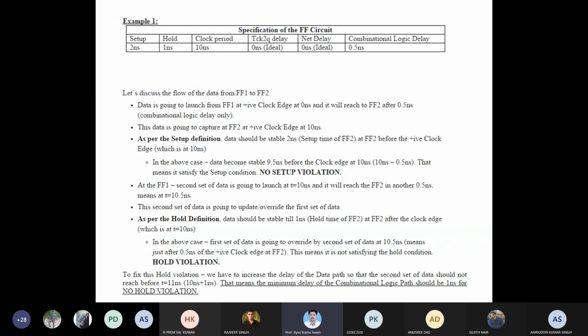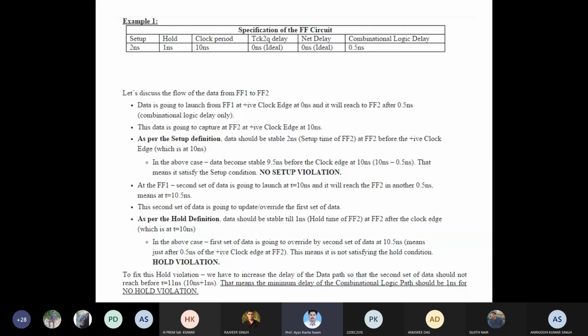As per the hold definition, data should be stable for 1 nanosecond, that is the hold time of FF2, after the clock edge at t equal to 10 nanosecond. So in the above case, the first set of data is overridden by the second set of data at 10.5 nanosecond, just 0.5 nanosecond after the positive edge of flip-flop 2. This means it is not satisfying the hold condition and there is a hold violation.